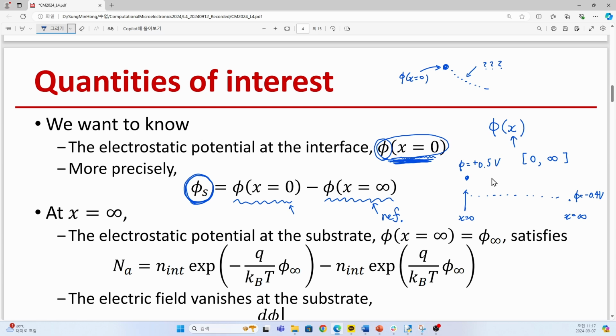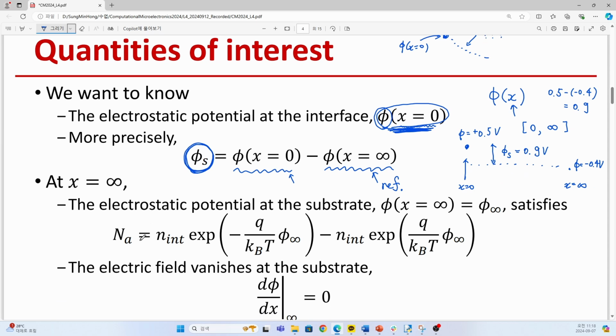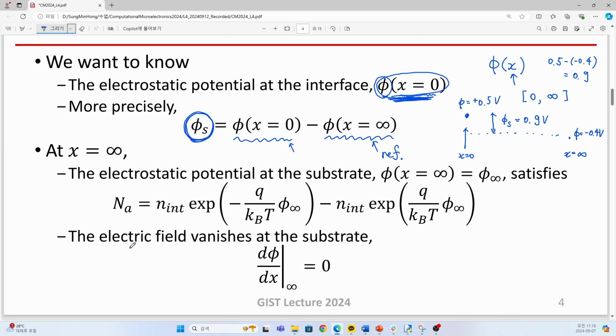We have to say that our phi sub s, the surface potential, is equal to 0.7 volt, because we have to do a certain operation like this, and we have 0.7 as a result of this operation. Okay, so are you with me? So please note that in our notation, surface potential is always referencing the potential at the deep substrate.